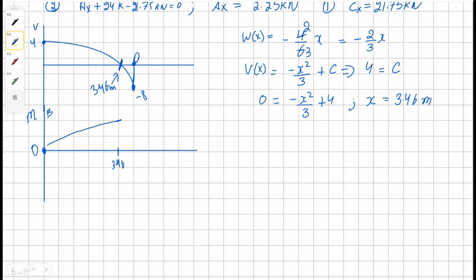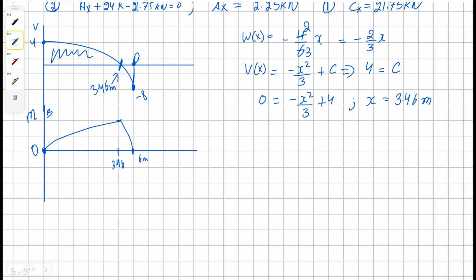And our curve is going to be concaving downwards, and it's going to be a third order curve. And then at the 6 meters mark, our curve is going to concave downwards again, and it's going to be third degree or third order.